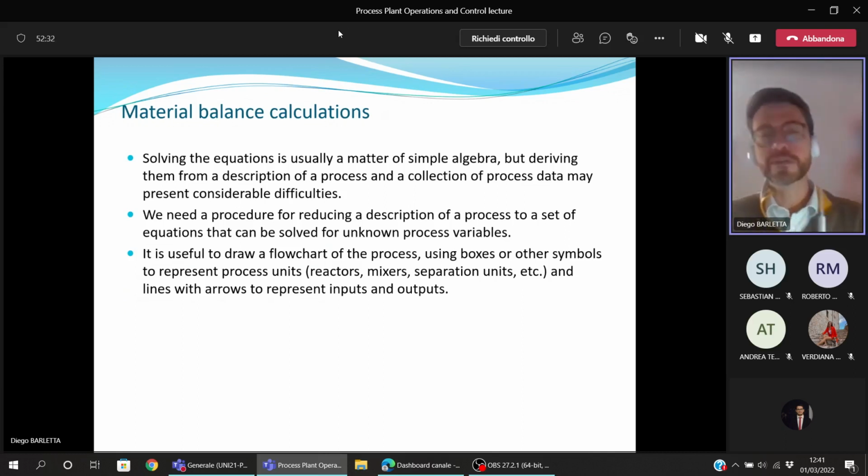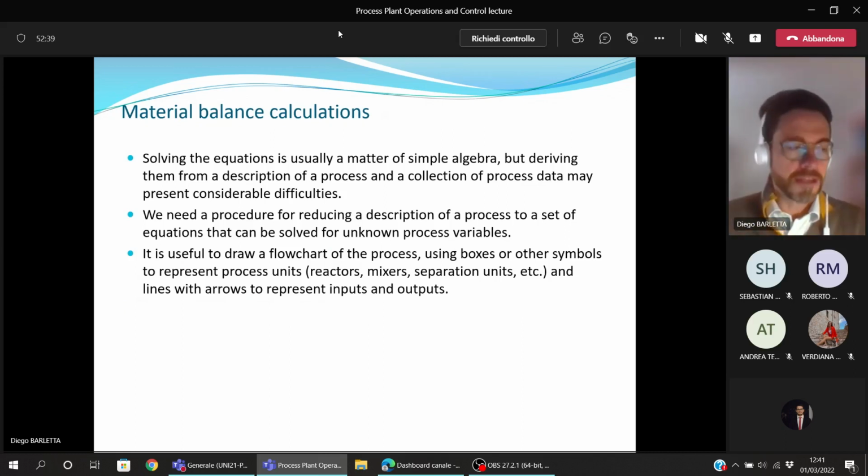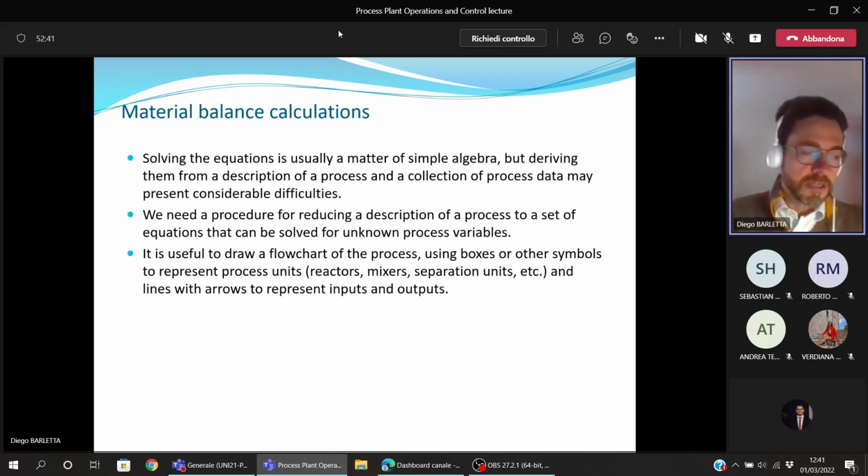So the effort is to derive the equation from a process description and to highlight what are the known process data and the process variables that are unknowns. Of course, at the beginning, it could not be so easy to imagine what is the process structure starting from a process description, but we will become familiar with that.